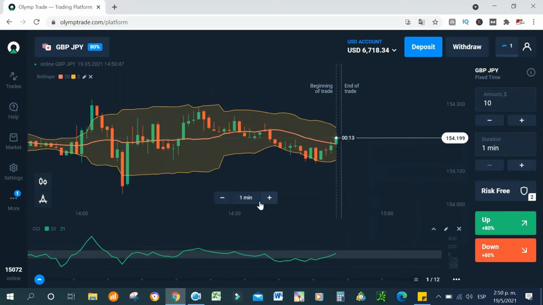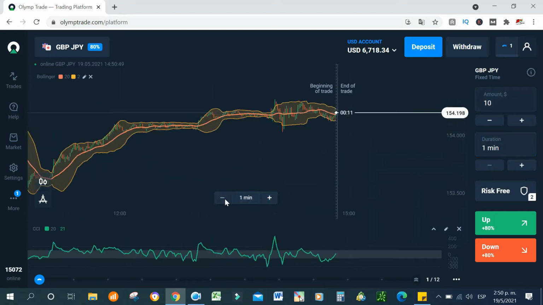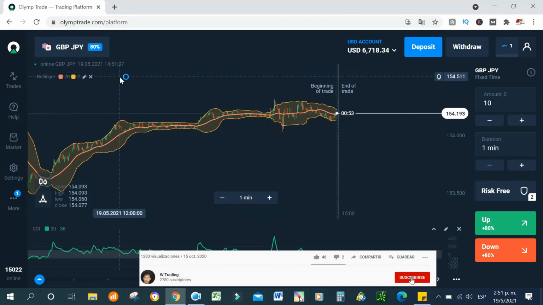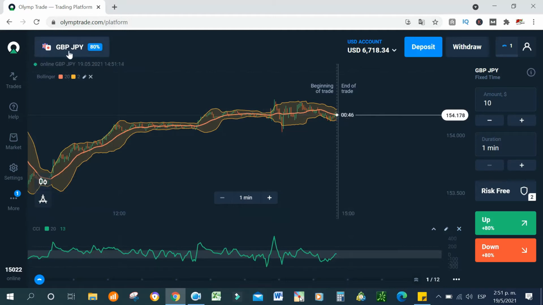So let me check. Another thing you have to take into consideration is the profit that this pair is offering. Well, this strategy works better and is much better for your money management to trade only with pairs that offer 80% or more.